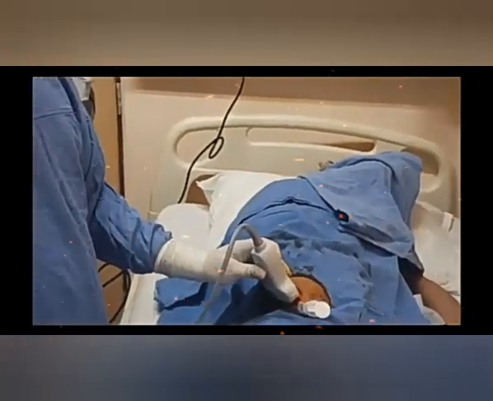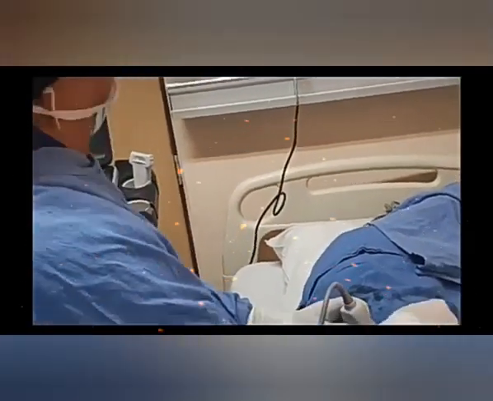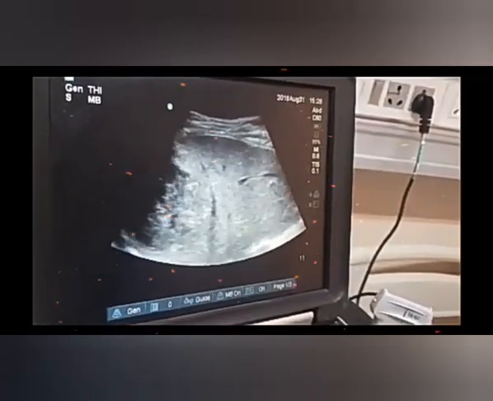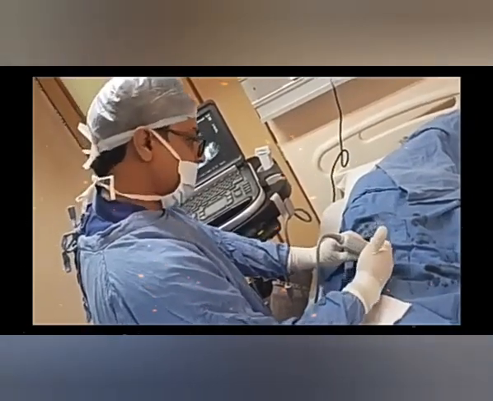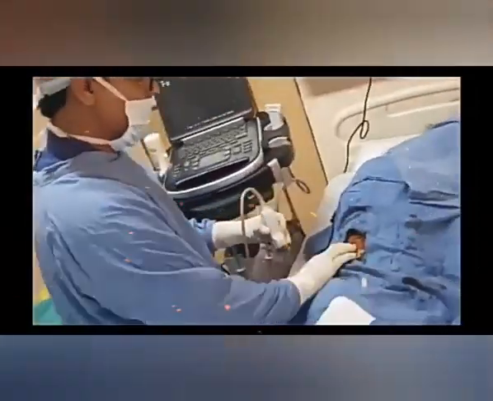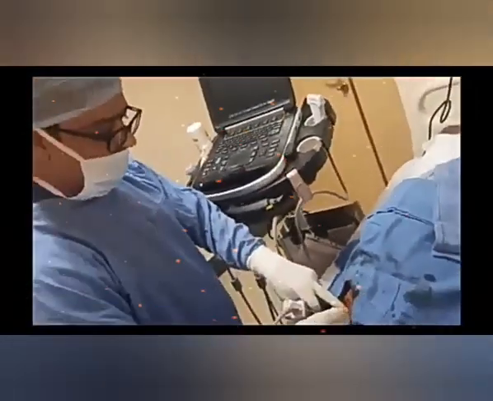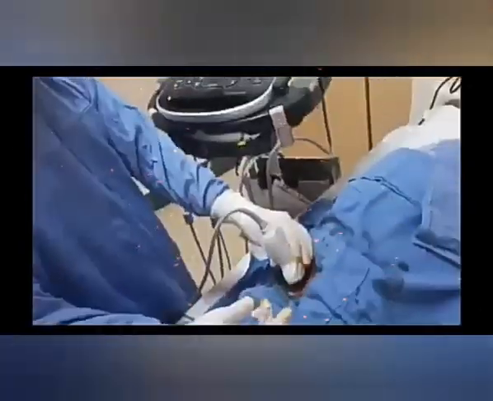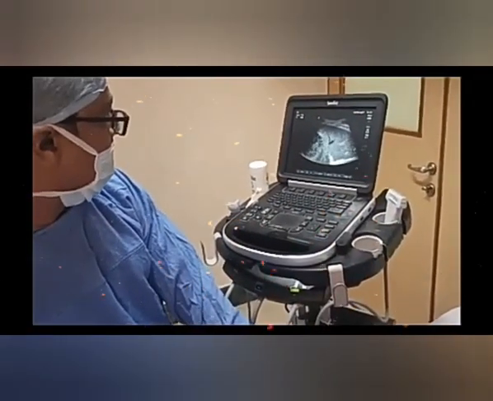Here you can see a doctor performing the percutaneous drainage procedure of a liver abscess. You can see here the ultrasound picture of the liver abscess. The doctor is injecting some saline.